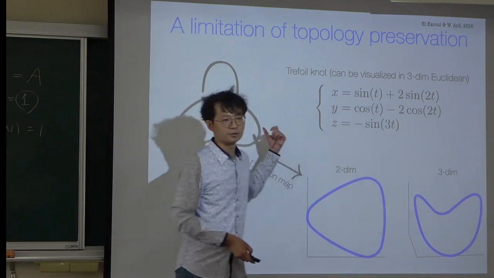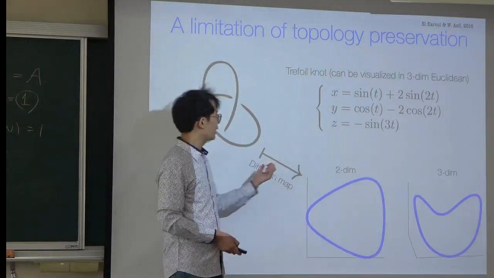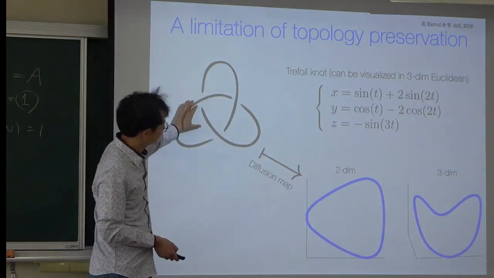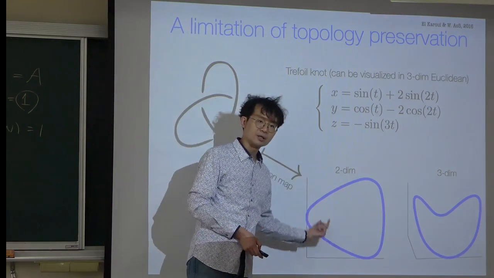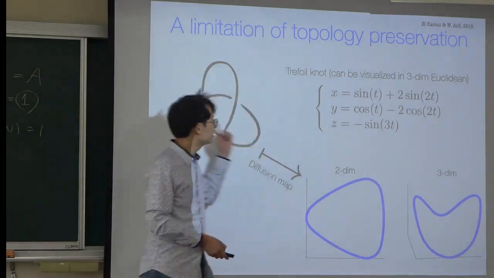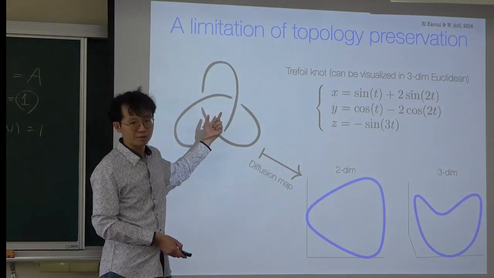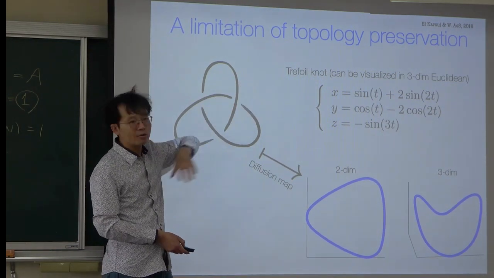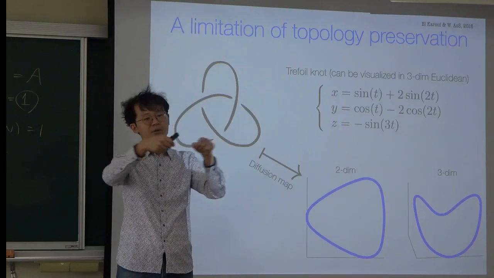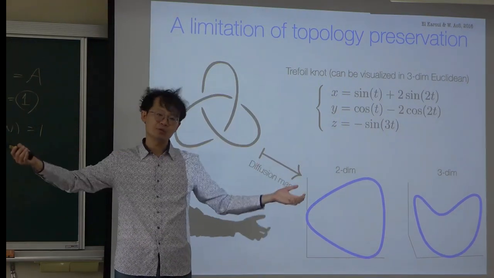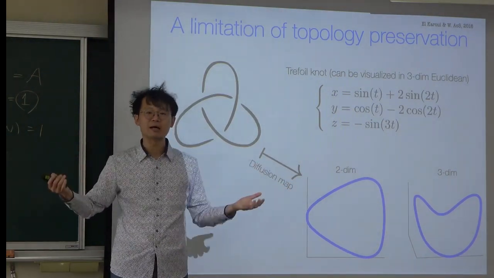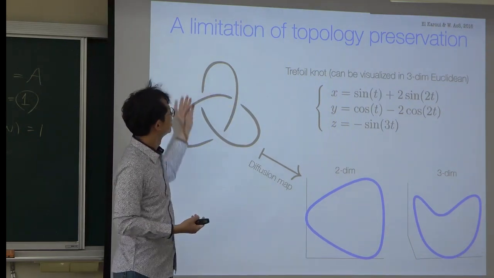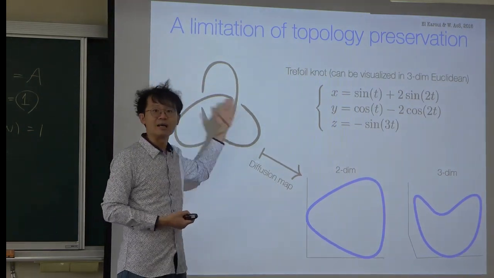You cannot recover the trefoil knot. Why? Because the trefoil knot is diffeomorphic to the canonical S1, and the only difference is that the exterior topologies are different. Because diffusion map only sees the intrinsic geometry. It doesn't see extrinsic geometry or extrinsic topology. So it cannot capture the knot structure.